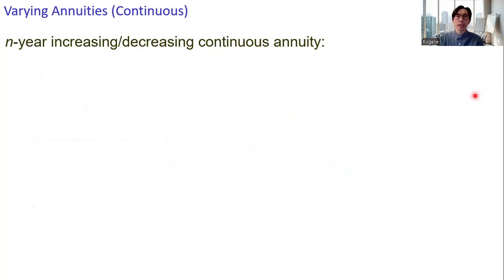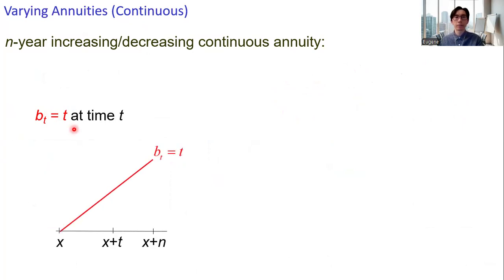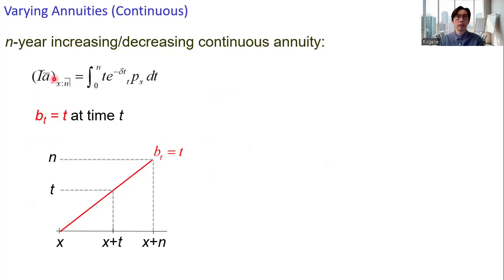For the continuous case, the payment rate is continuous at the rate t at time t for increasing continuous annuity. And we have this expression.